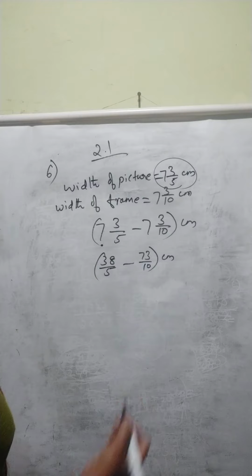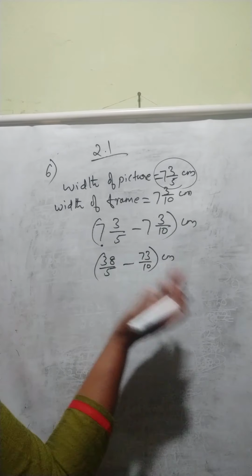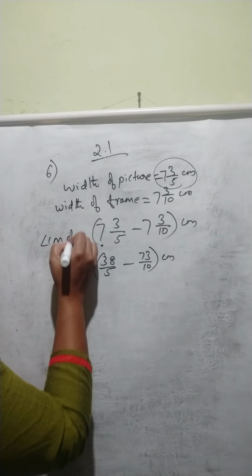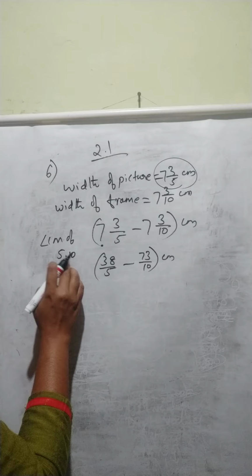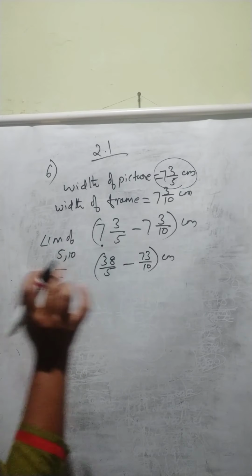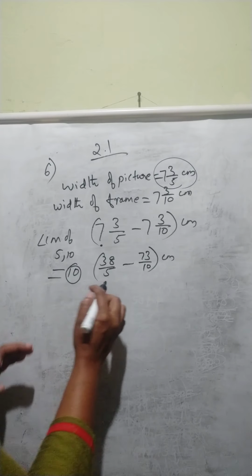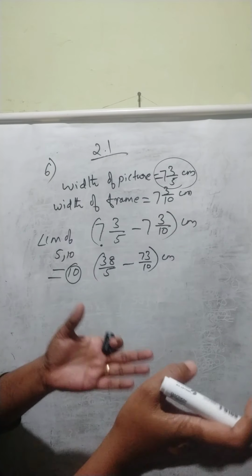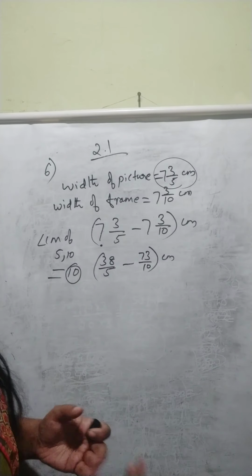So both are unlike fractions. First we have to convert these into like fractions. So we can find the LCM of 5 and 10. It is very clear: 5's table has 10, and 10's table has 10. So it's very easy. The number of numbers doesn't matter.